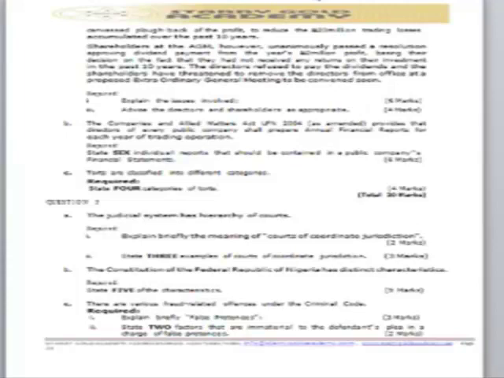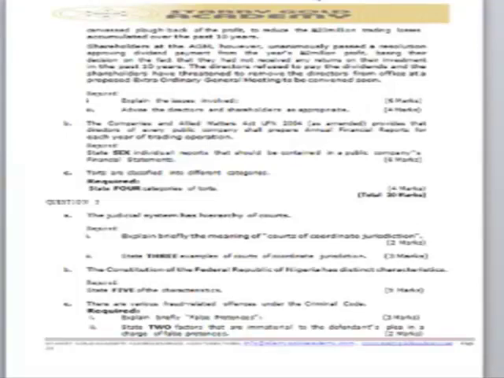Also, it's not the work of members, shareholders, to declare dividend. No, it is the board of directors that will do that. Even sometimes where the board of directors declare dividend, the shareholders cannot increase the dividend.